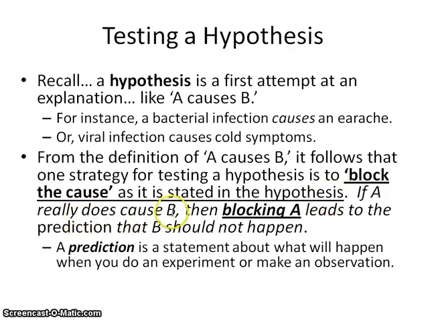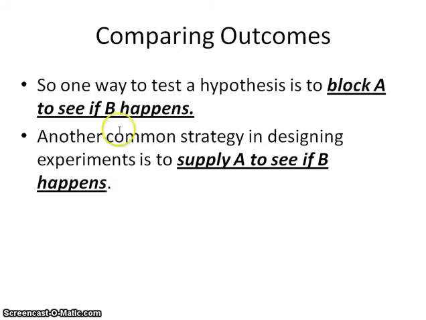If A really does cause B, then blocking A leads to the prediction that B should not happen. And remember, a prediction is a statement about what will happen when you do an experiment or make an observation.